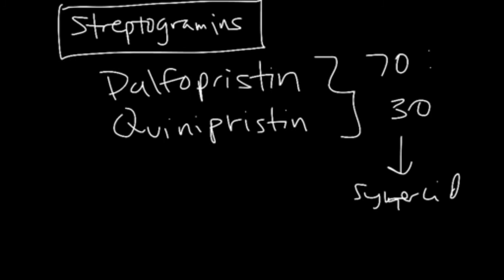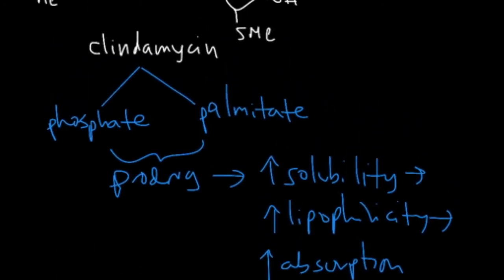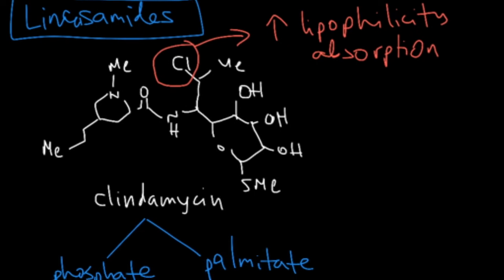Oh, forgot to remind you. Remember, MLS drugs bind to the 50S subunit of the ribosome. Clindamycin, or the lincosamides, bind to the same binding site. Well, no, hold on. They overlap. Lincosamides overlap binding sites with the macrolides, but they are not identical binding sites.